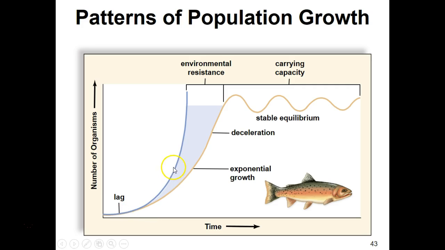They start growing very rapidly, but then the growth slows down. And at some point, you're going to hit a stable equilibrium where you might increase and decrease, but that's going to be associated with the environment and the carrying capacity.